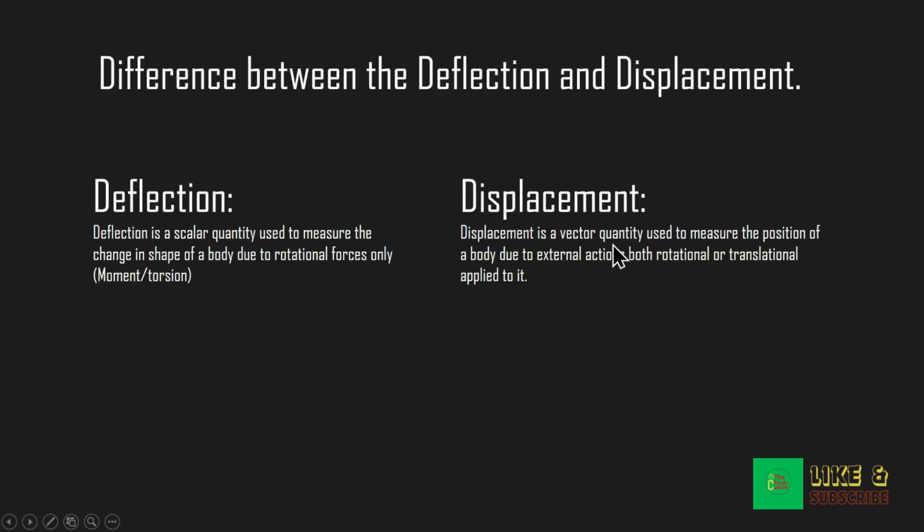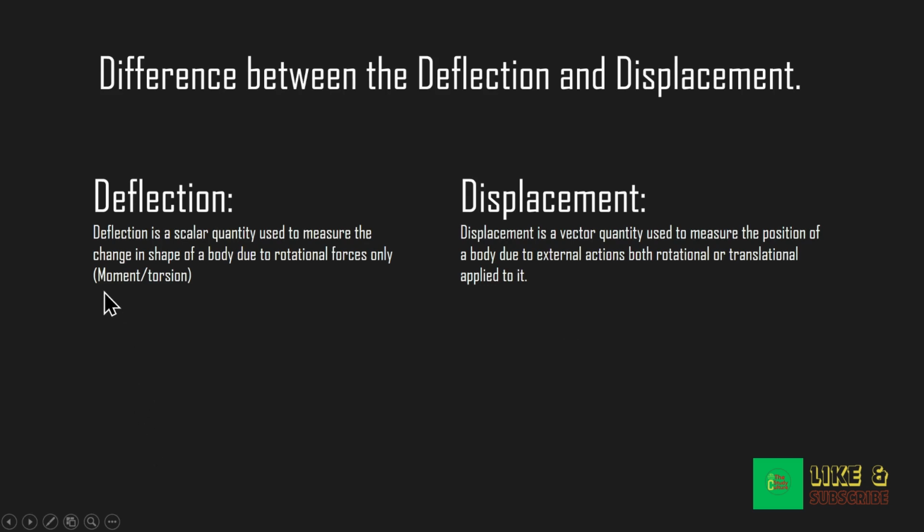Displacement is a vector quantity used to measure the position of a body due to external actions, both rotational and translational. What is translation? All actions or forces in which all the points of a body move uniformly in a single direction are called translation.